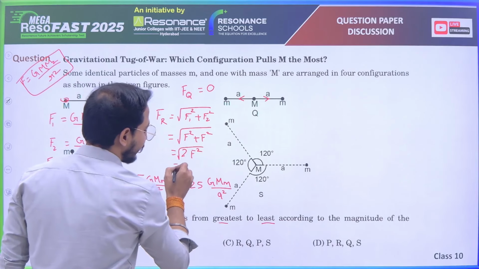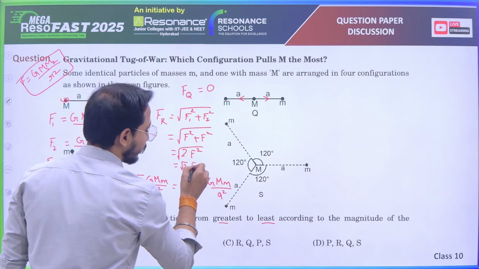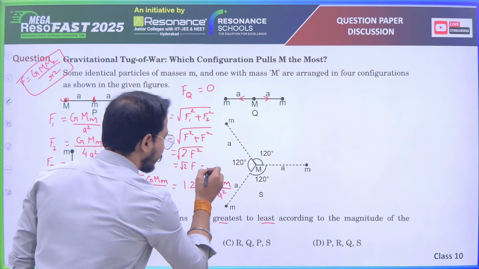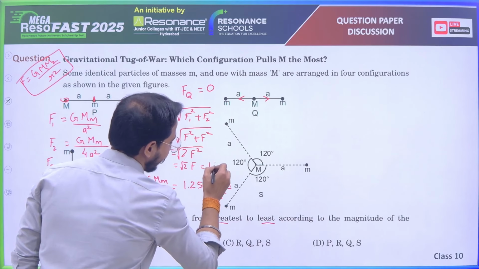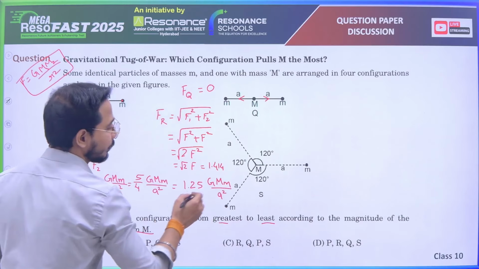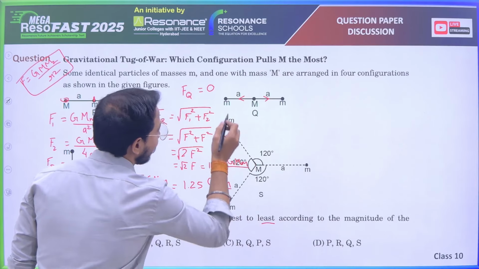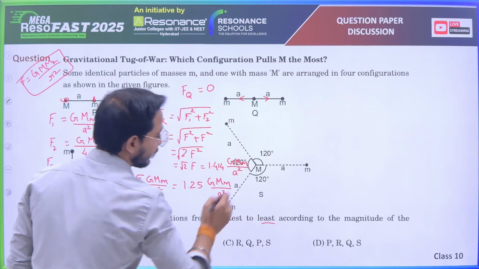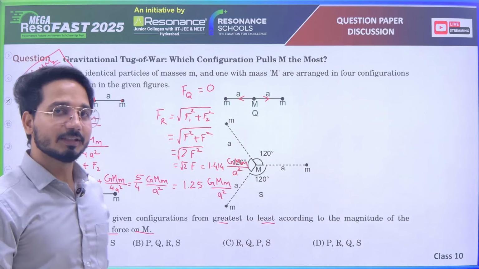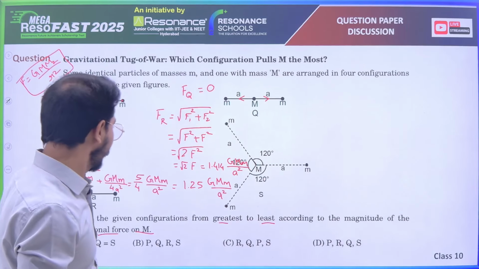This can be further written as under root 2 into F, and the value of under root 2 is 1.414, and in place of F we write capital G, capital M, small m by A square, right? This is the net force acting at point R.